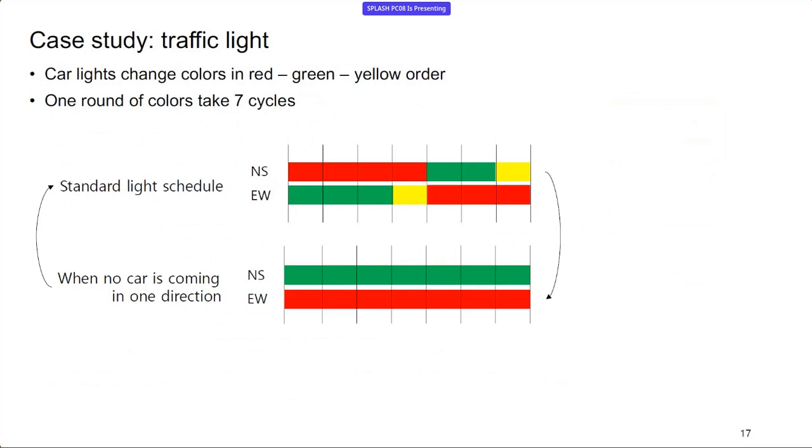It circulates the colors red, green, and yellow, and one round of colors takes 7 cycles, let's say. But when there's no car coming for a while in a certain direction, it does not have to go green. It stays red, just like this, so that the other light can stay green. That way, we can make it more efficient.